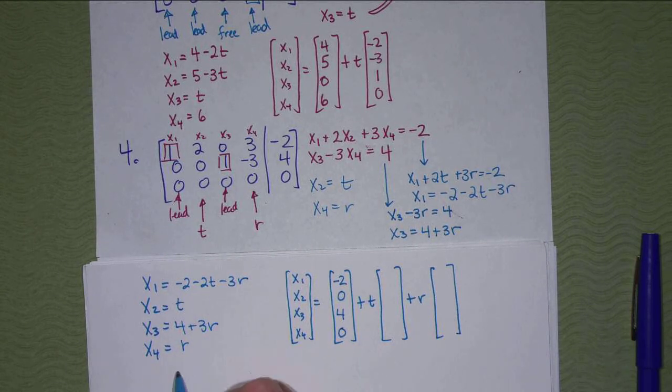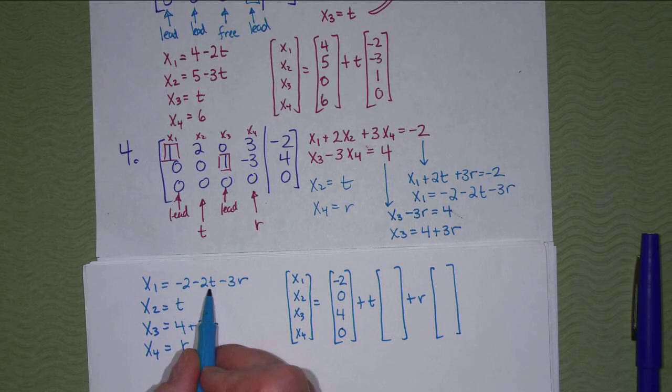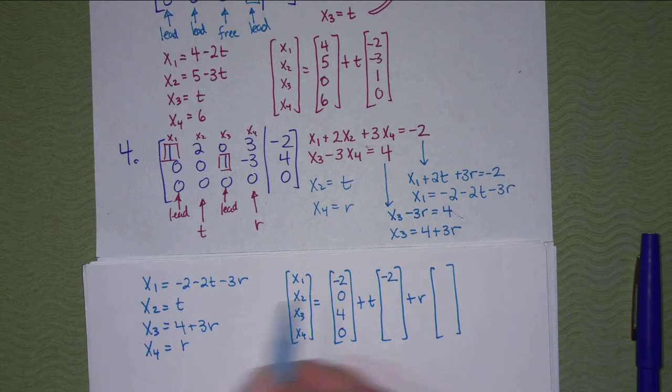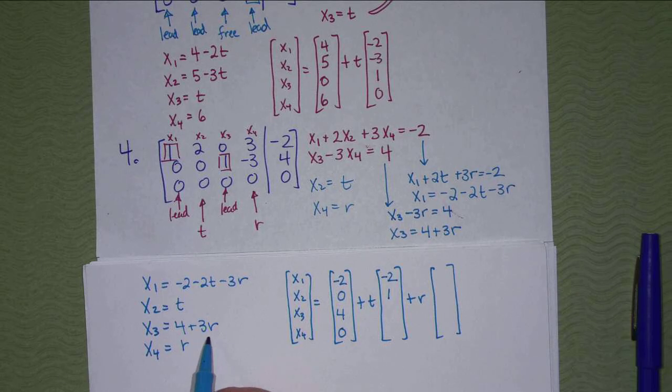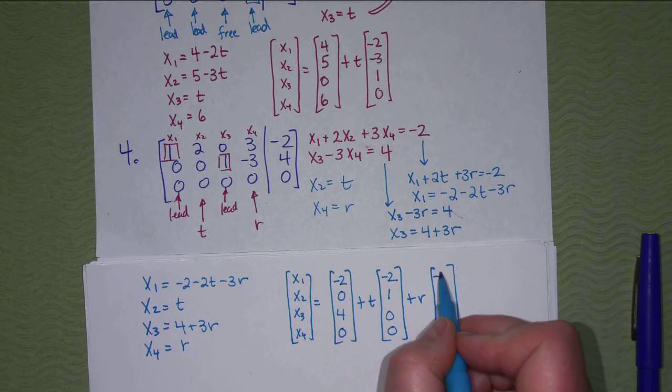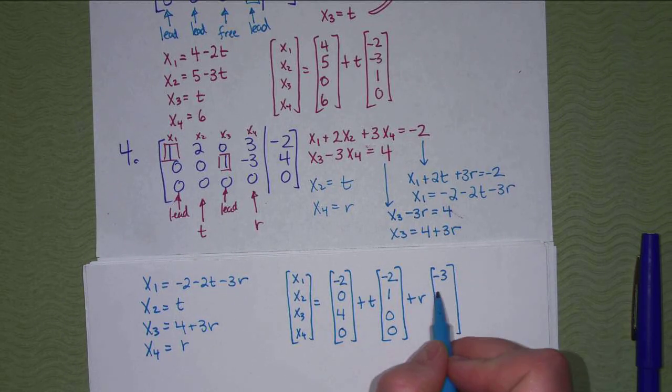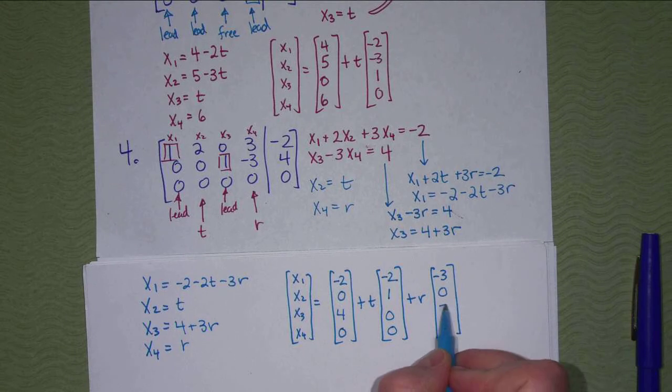In the second one, 1. The third one, 0 and 0, no t's here or here. And then the r's, negative 3, none, 3, and 1. So that would be your vector form.